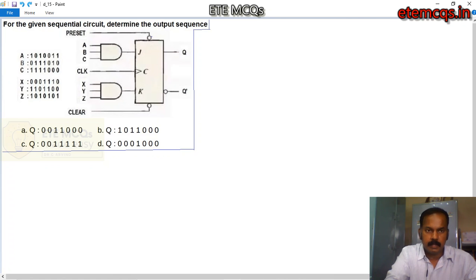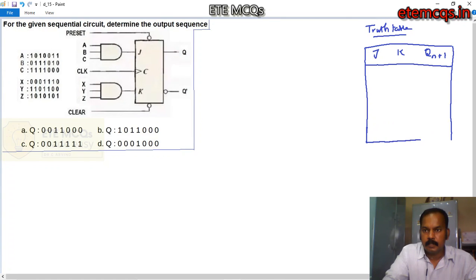So we are given a sequential circuit and we are asked to find the output sequence. Before we proceed further, let us have a recap on the truth table of JK flip-flop. Two inputs, J, K, and the output is represented by Q of n plus 1. Since it is a positive edge triggered flip-flop, only during the edge will it have an impact. The edge is represented by a.